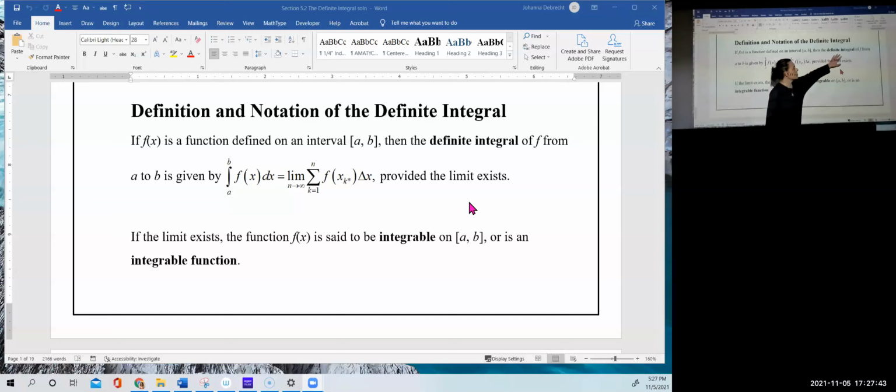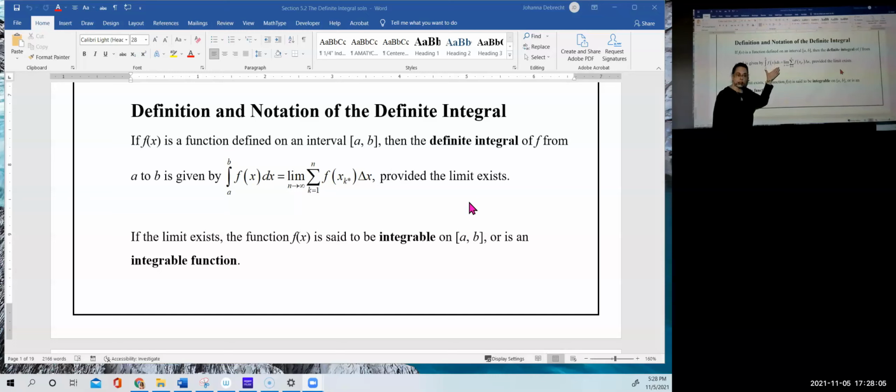Then the definite integral of the function f from a to b is given by, and we again see this integral notation with this elongated s, but with an a at the bottom and a b at the top, and the function f of x written after the integral symbol next to the differential dx.